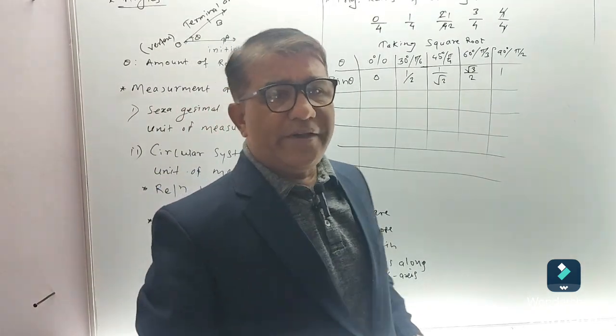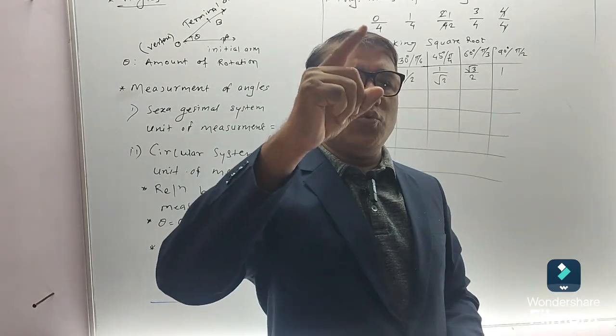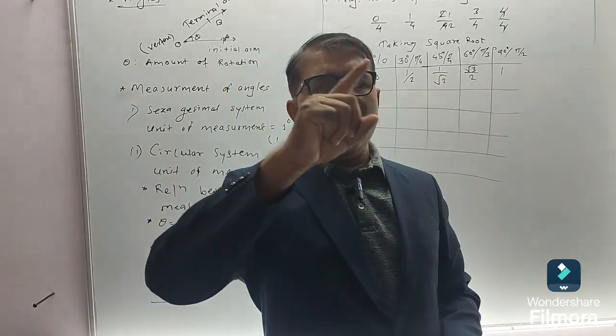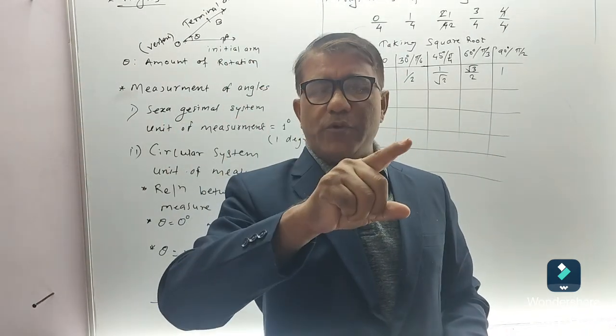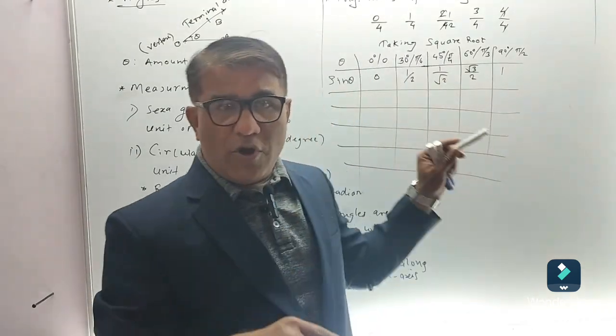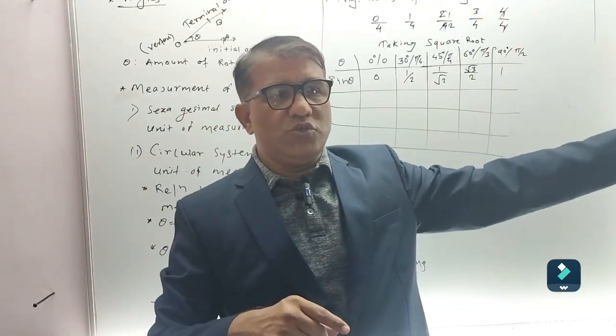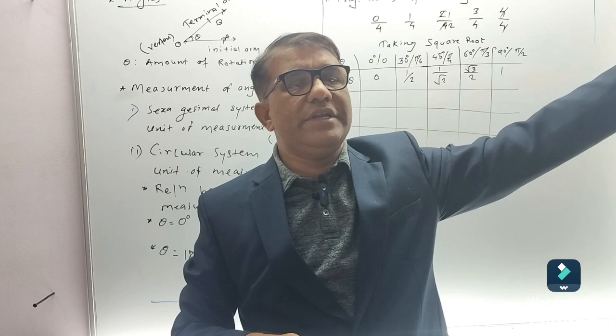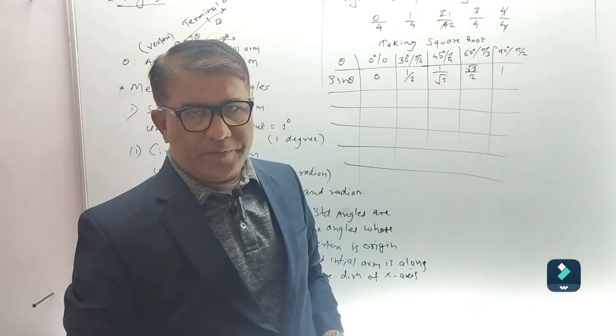The technique I explained: first write the numbers 0, 1, 2, 3, 4, divide all numbers by 4, and taking the square root, I get the values of sin theta: sin 0, sin 30, sin 45, sin 60 and sin 90.